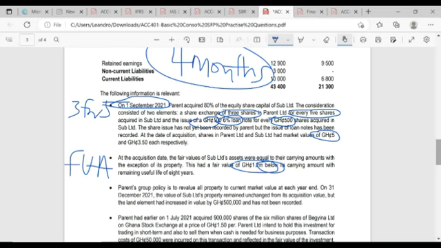Once you fair value a depreciable asset, you must always deal with the extra depreciation. In the previous question, the extra depreciation is deducted because it's an increase in the value of the asset. Here it is a decrease in the value of the asset, and therefore we add back the extra depreciation, because we have depreciated an asset which is higher than it should be.